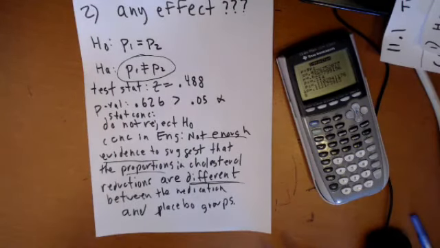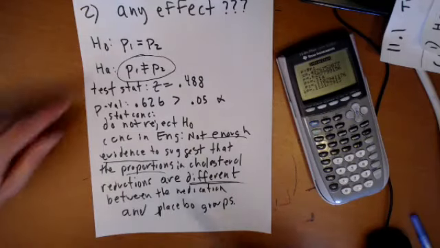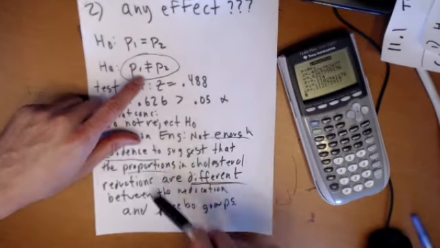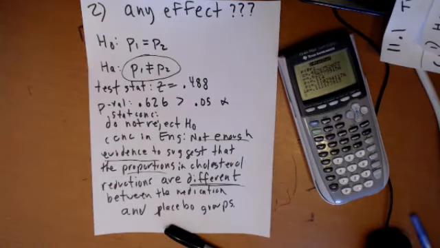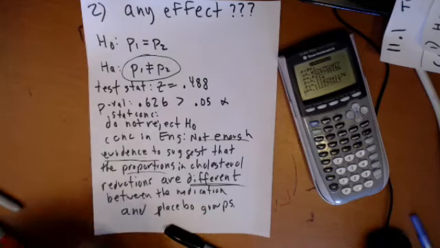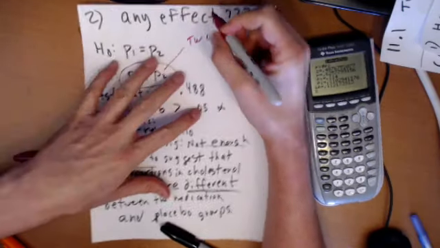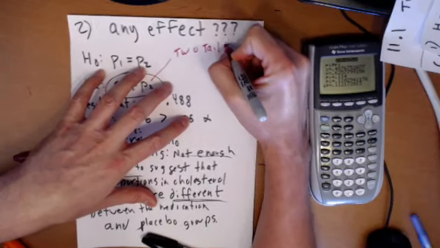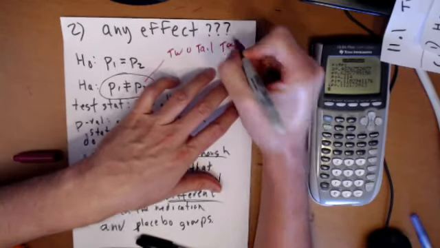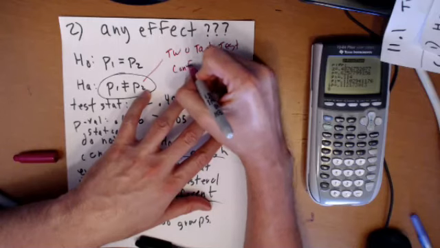So the next problem is a confidence interval. Notice how this was a two-tailed test, right? So remember we studied previously that a two-tailed test is the same thing logically as a confidence interval.